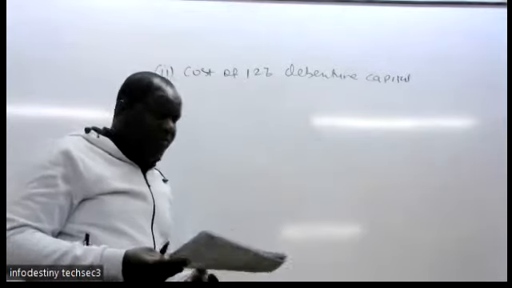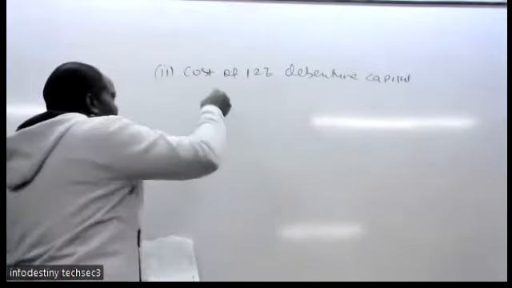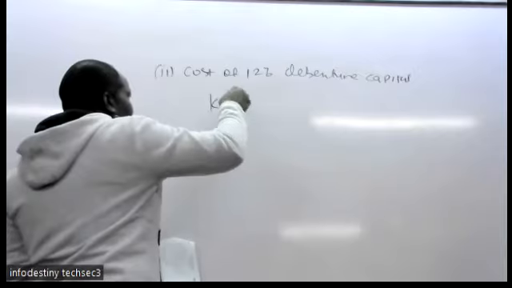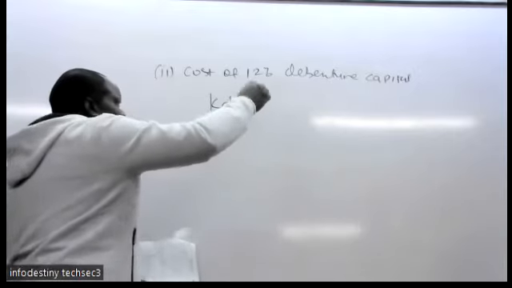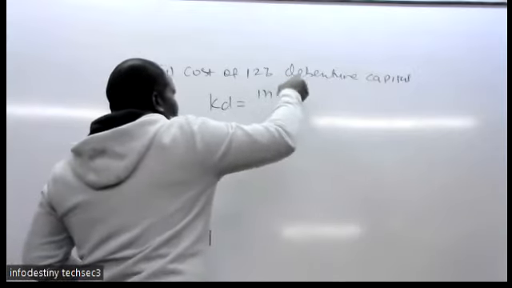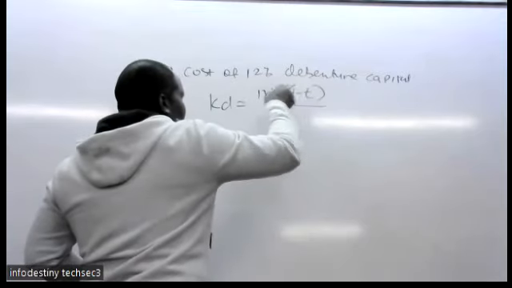For that one, to compute Kd, because it is irredeemable, it is simply interest multiplied by 1 minus the tax rate.